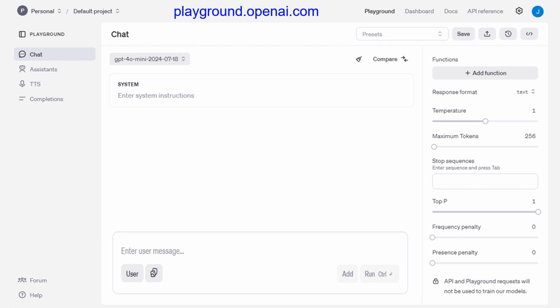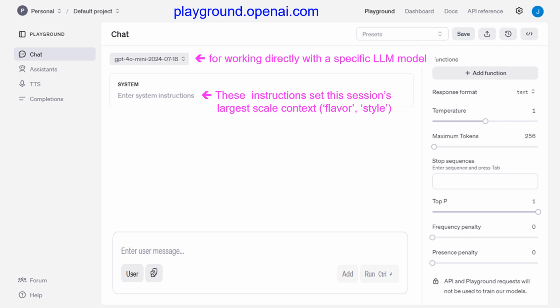So this is playground.openai.com. This is actually kind of what ChatGPT looks like under the hood, so to speak. Notice you can pick a specific model, and then you can actually set the context within which you're going to have this ChatGPT session.